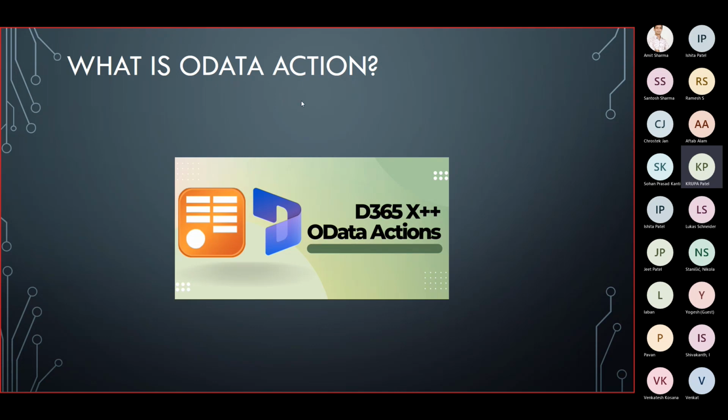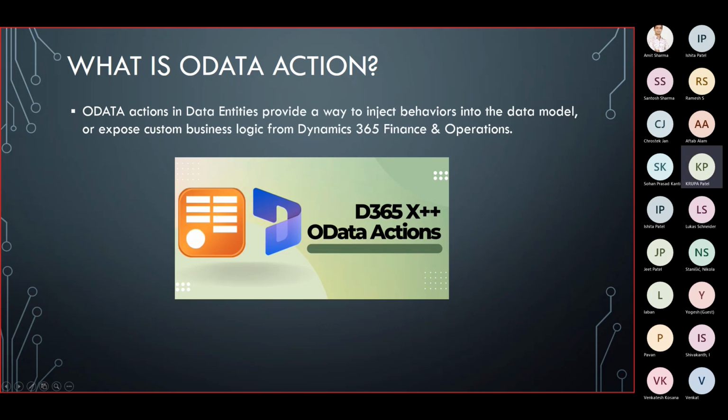So now what is OData action? OData actions in data entities provide a way to inject behaviors into the data model or expose custom business logic from Dynamics 365 FNO. Basically, OData actions are built on top of the data entities, which can already be used to make RESTful API calls to invoke the CRUD operations.